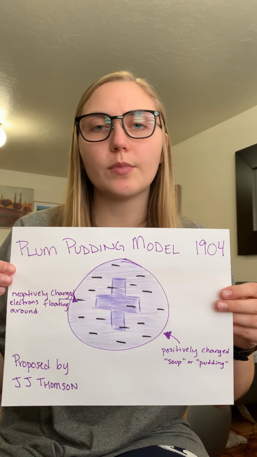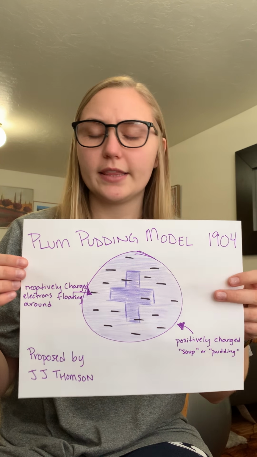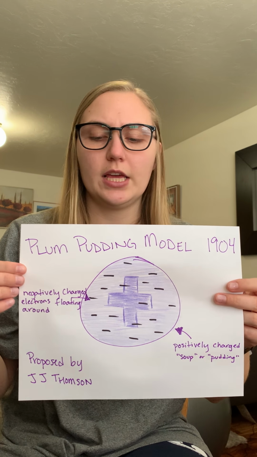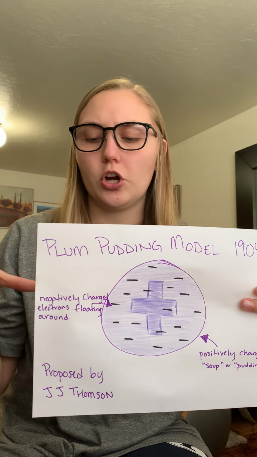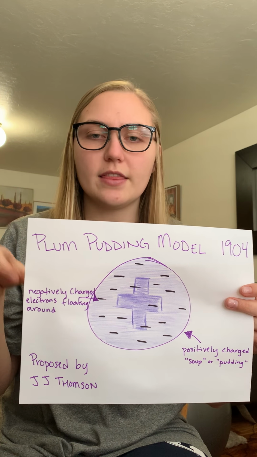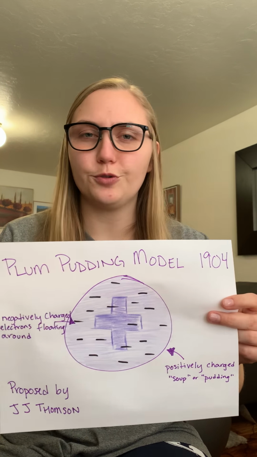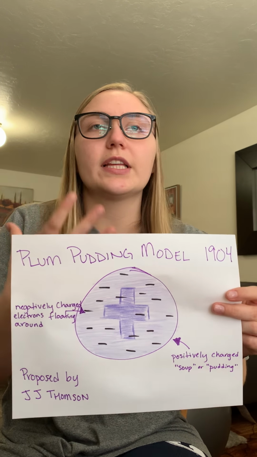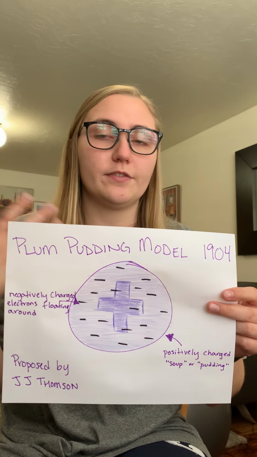In this plum pudding model, he had the idea that there were these negatively charged electrons that he had found a couple of years prior, and they were just floating around in a cloud of positive charge.